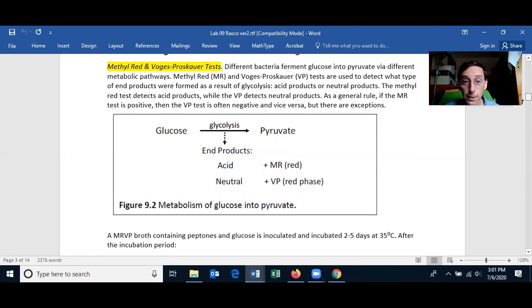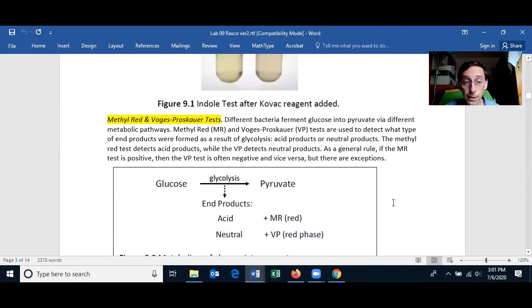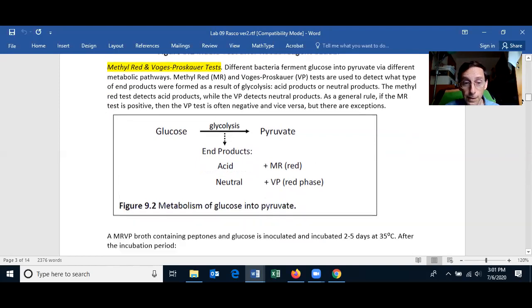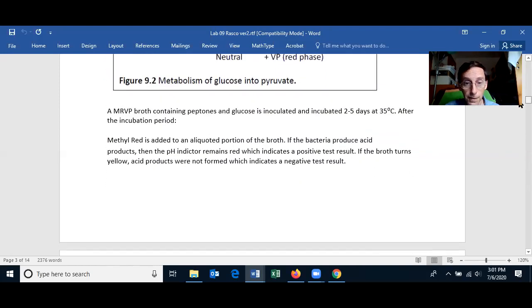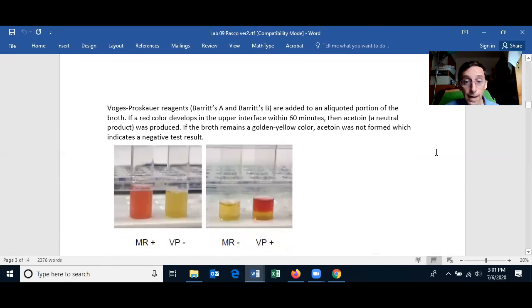All right, you'll also be looking at the Voges test, and it also is looking at the production of, meaning the glucose fermentation, but with the Voges test, we're not looking at acids produced. We're looking for the production of, here it is here, acetone, a neutral product of the fermentation of glucose.